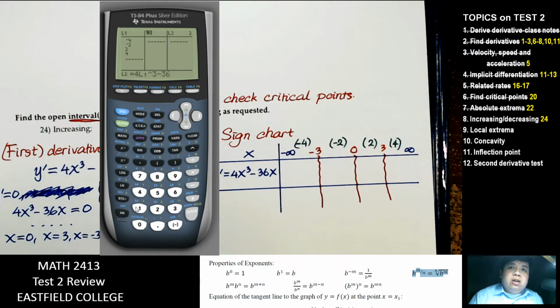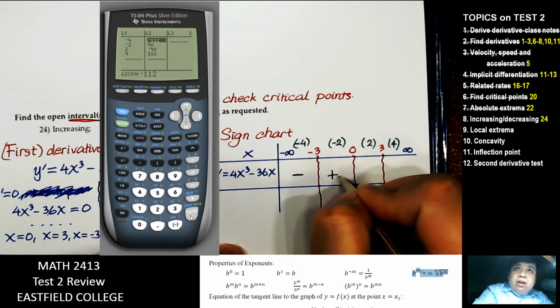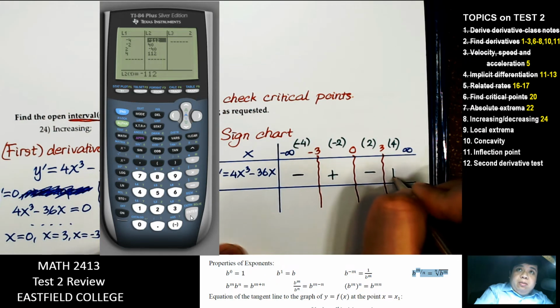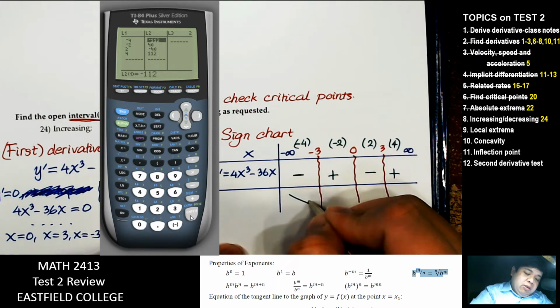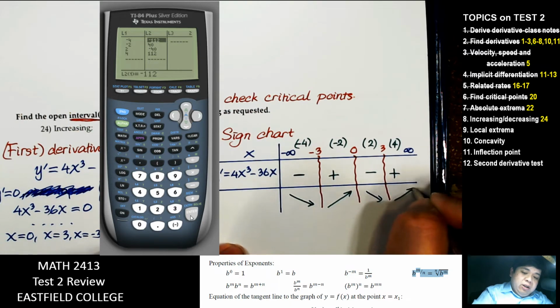We have to highlight L2 while we enter the second L1, and then we hit enter. Right, so negative, positive, negative, and positive. Negative is decreasing, positive increasing, decreasing, increasing.